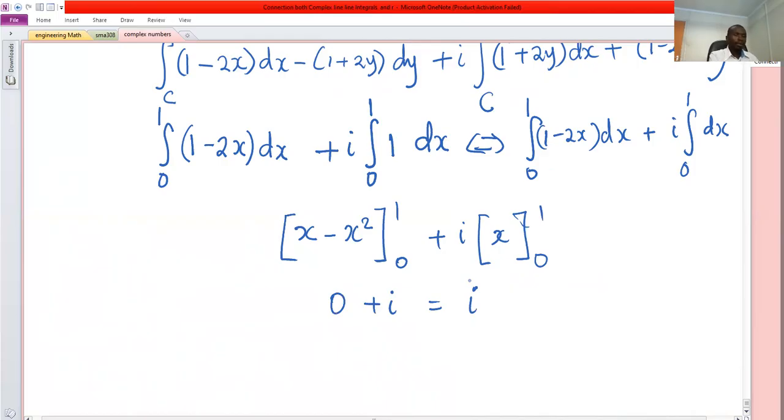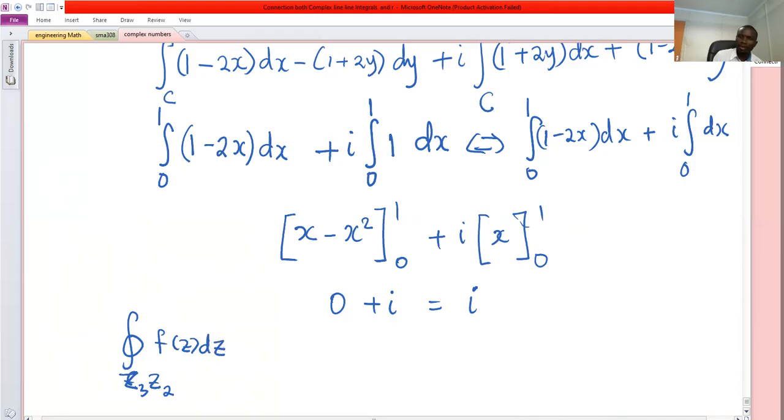So the next thing now will be to evaluate the other part, which is given by the integral from z3 to z2 of f of z dz.